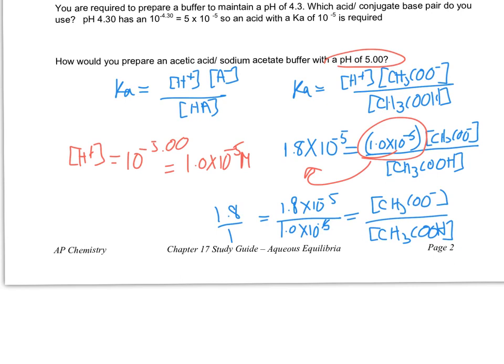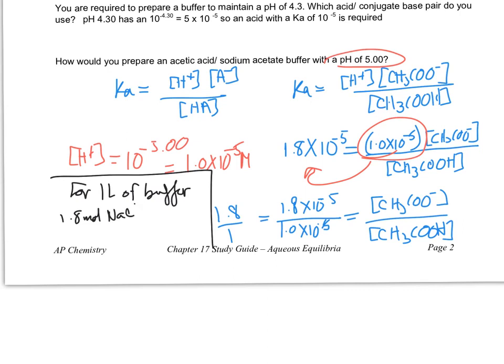So if I say that I want to make 1 liter of my solution, I would figure out what 1.8 moles of the sodium acetate is, and I would use 1 mole of the acetic acid. If I mix those together in a 1 liter volumetric flask, I should get a pH of 5.00.